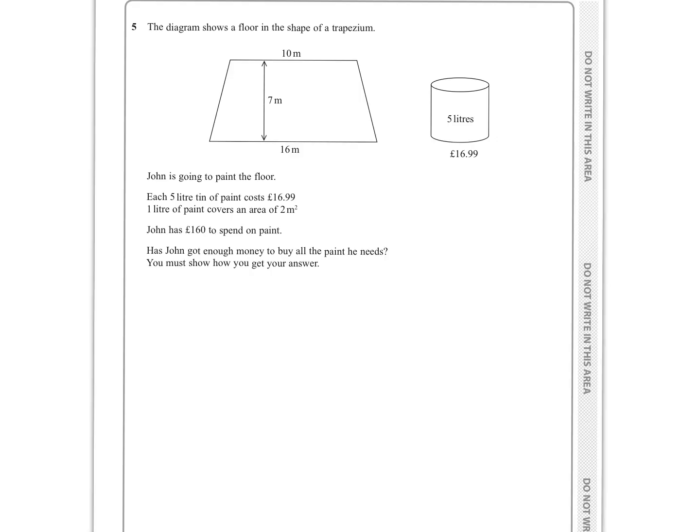So we've got to show all our working, obviously. So first of all, I think we find the area of the trapezium. So the area of the trapezium is the perpendicular height halved, and we do the sum of the sides that are opposite. There's plenty of explanations as to why this is the case. I'm not going to go into a great amount of detail proving the formula right now. We're just going to use it.